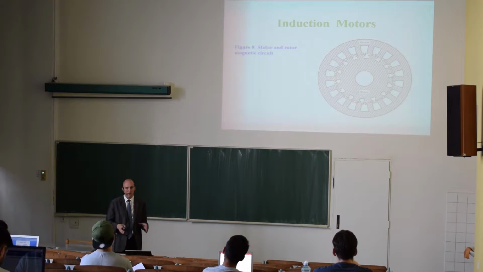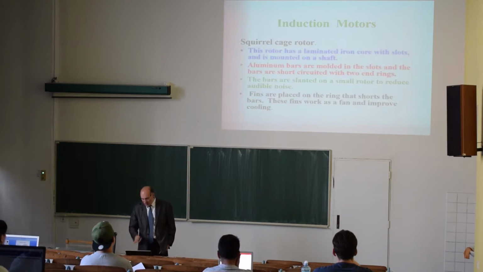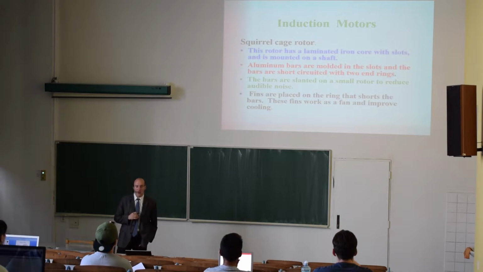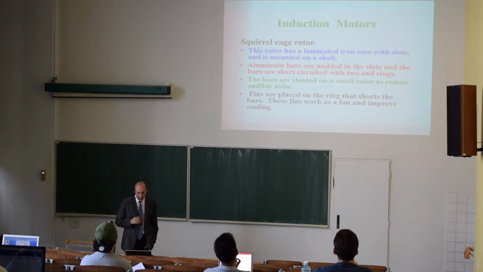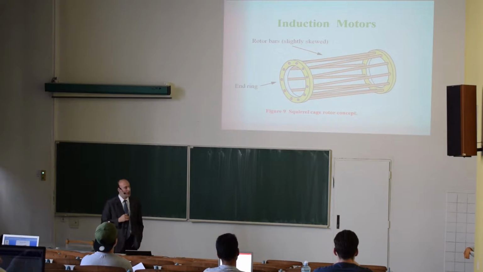You melt aluminum, you pour that into those slots and you have a rotor. This version of the induction motor is called a squirrel cage. And it typically looks something like this. So this is an example of a squirrel cage rotor.